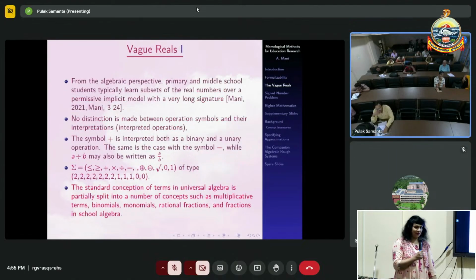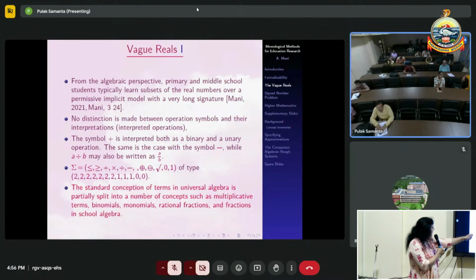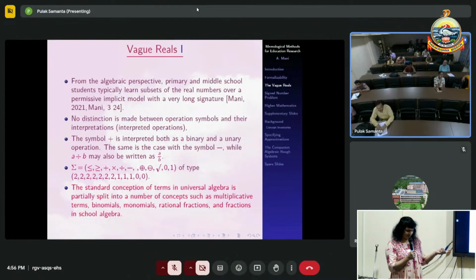So I come to the vague reals. This is an attempt to formalize parts of it. From the algebraic perspective, primary and middle school students typically learn subsets of the real numbers over a permissive implicit model with a very long signature. And that signature looks like this. There are so many operations, and I am distinguishing between binary subtraction and the unary sign minus.